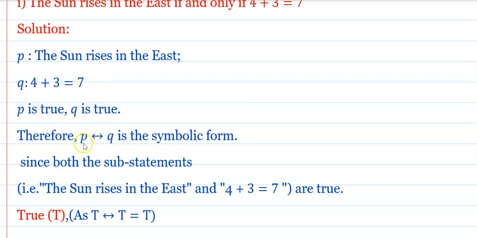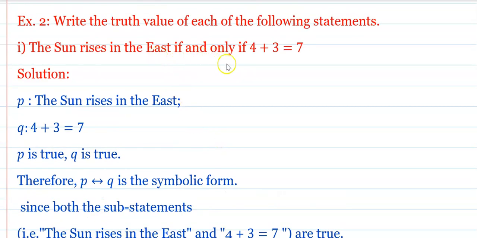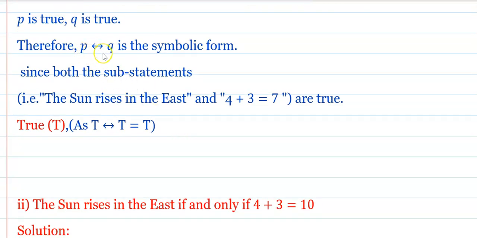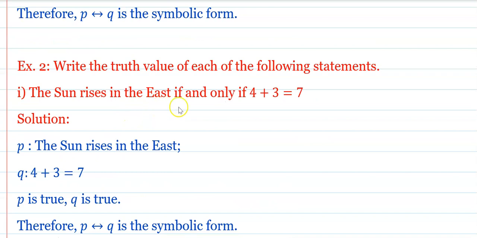Therefore, P double implication Q is the symbolic form, because if and only if is given there. Since both sub-statements are true, that is, the sun rises in the east and 4 plus 3 equals 7 are true, T double implication T means what? It is T. And hence, the truth value of this given statement is T. True. Okay.